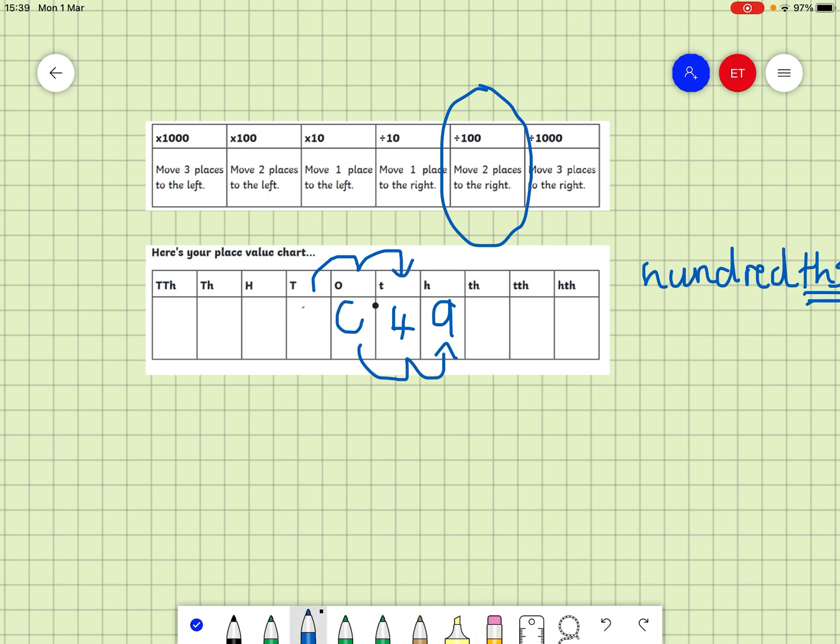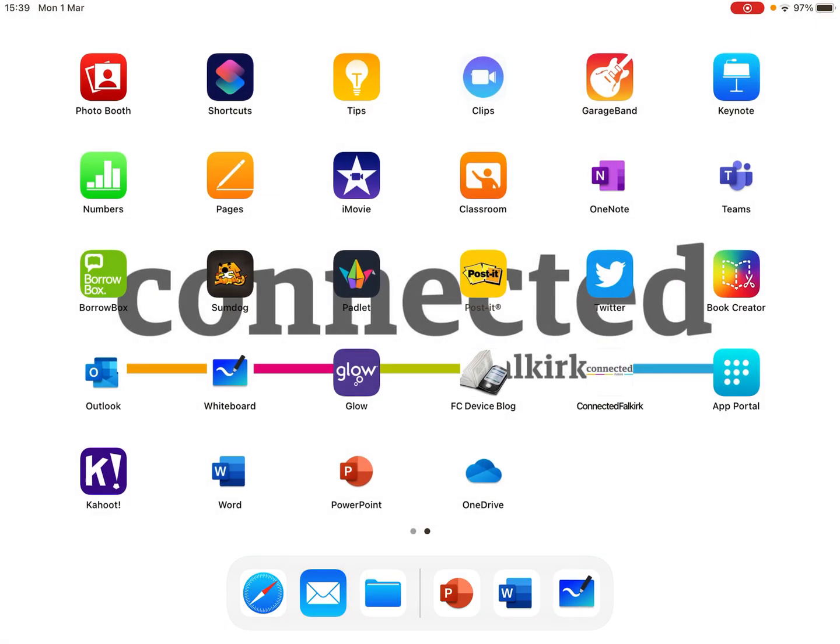Well, there's none now, so it's 0.49. So 49 centimeters is the same as 0.49 meters. If you think about a meter stick, it would almost be half the length of that meter stick.